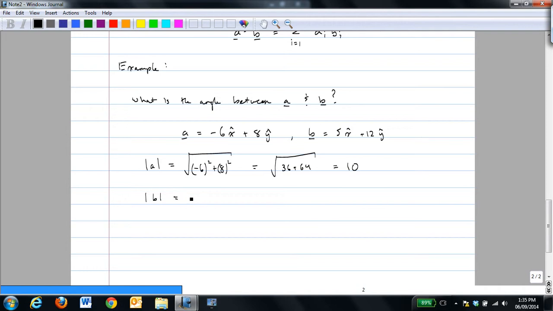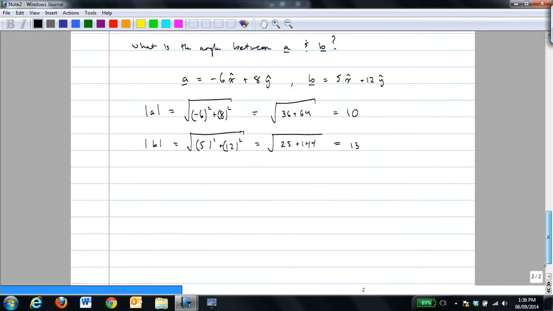So the magnitude of B, we take 5 squared plus 12 squared, and this equals the square root of 25 plus 144. Pardon my bad penmanship. And this will give you 13.